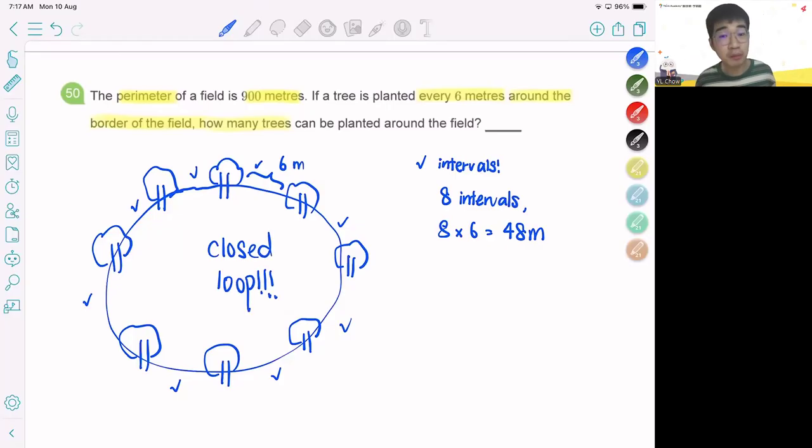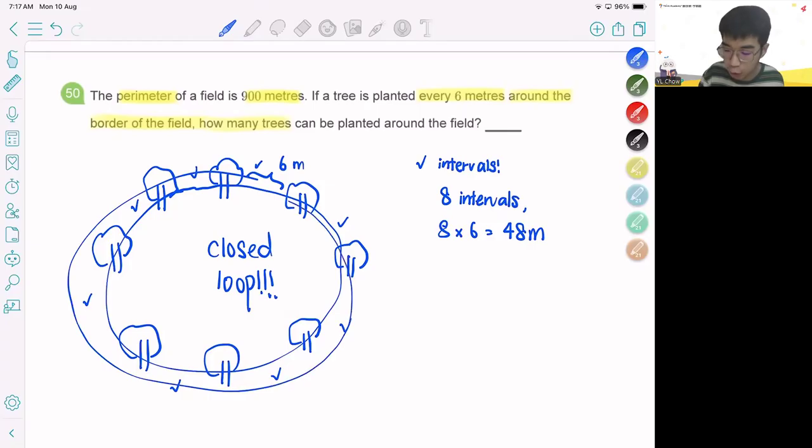If it's in a closed loop, you will realize that I have 8 trees and also 8 intervals. The number of intervals and the number of objects is the same. They form a complete loop.